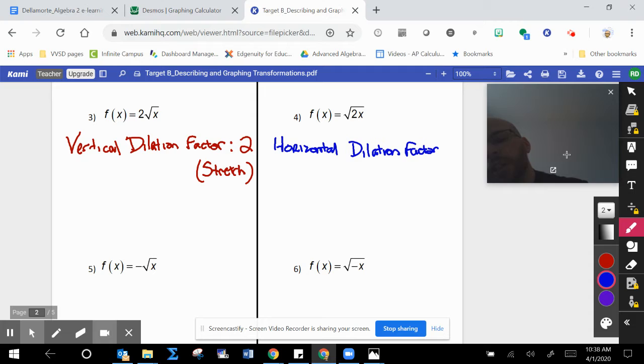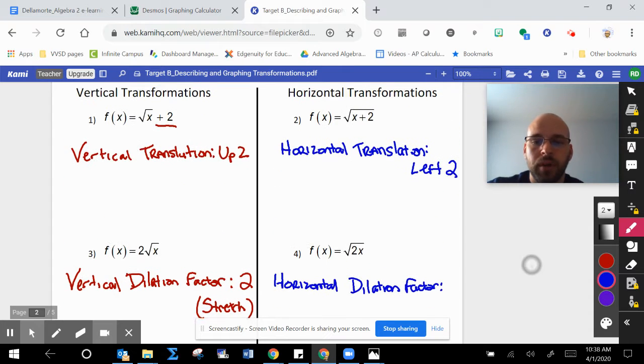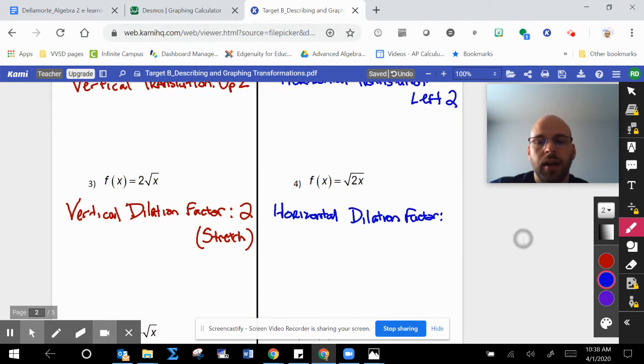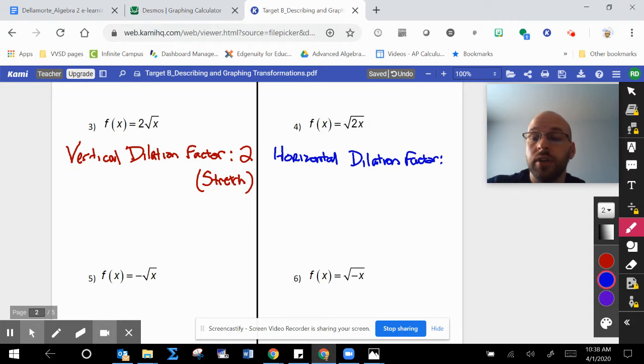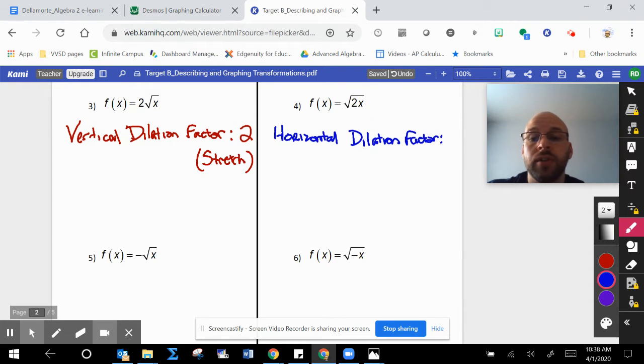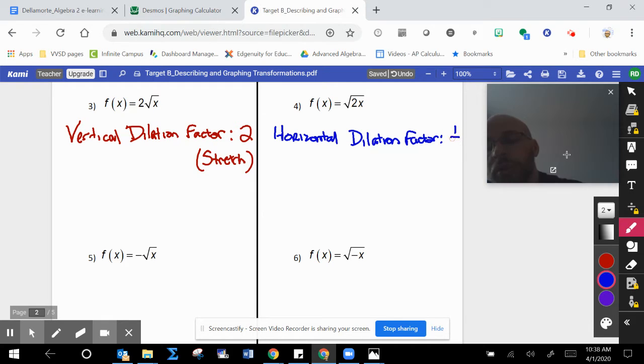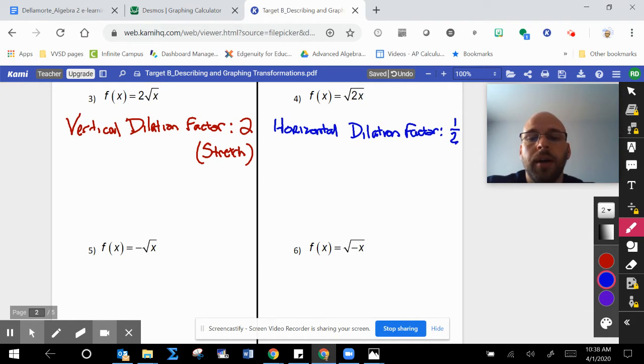Now, just like the problem above it when we did left instead of right, you still need to use our inverse. And the inverse of the multiplicative inverse is going to be the reciprocal. So instead of saying that my horizontal dilation factor is 2, we're going to use the reciprocal because that's going to be the inverse of that operation. And in this case, it's smaller than 1, so it's going to be a compression.